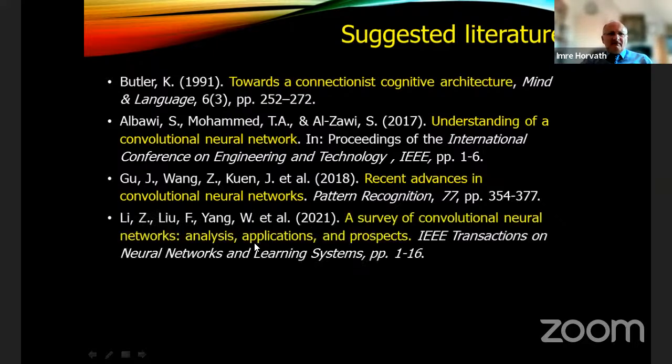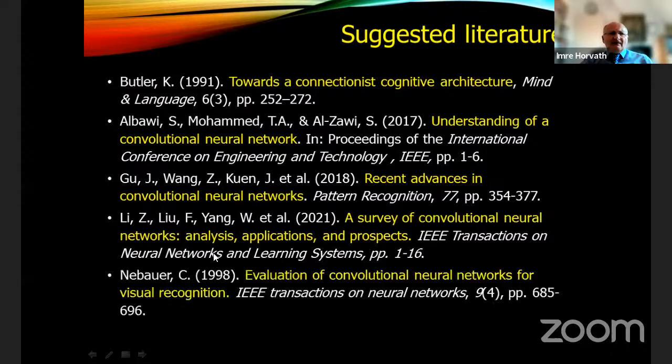The fourth paper I suggest is a very recent one. It is a survey of convolutional neural networks, and it analyzes how they developed, what applications they have, and what the promises for the future are. Then the last one is about the evaluation of convolutional neural networks for visual recognition.